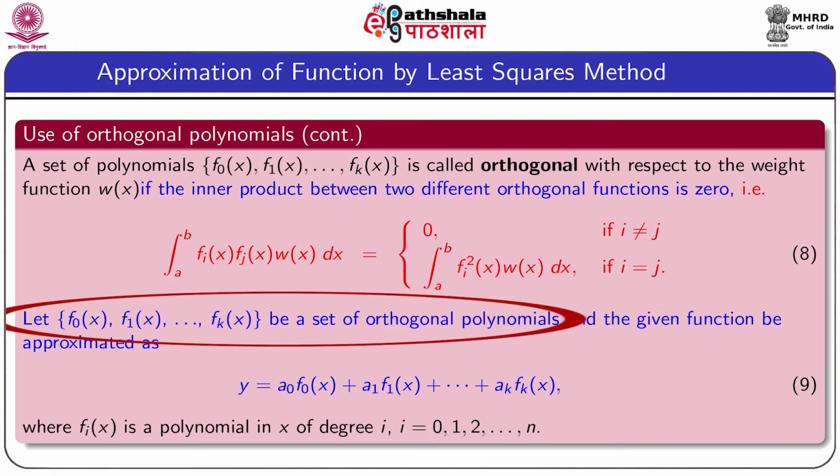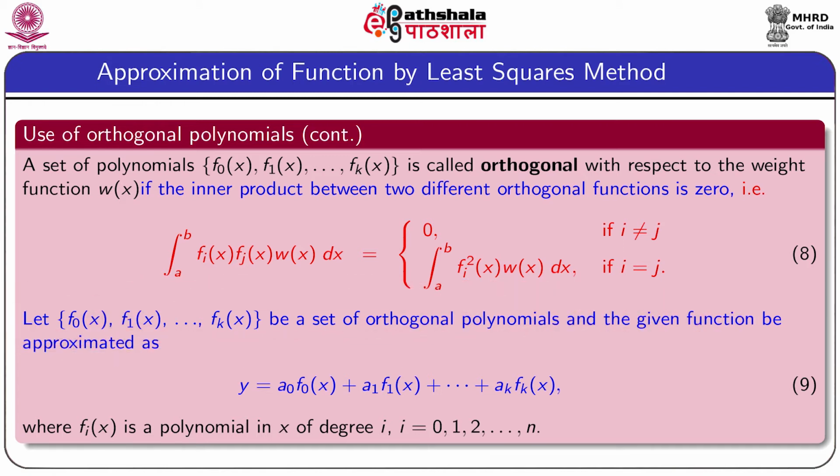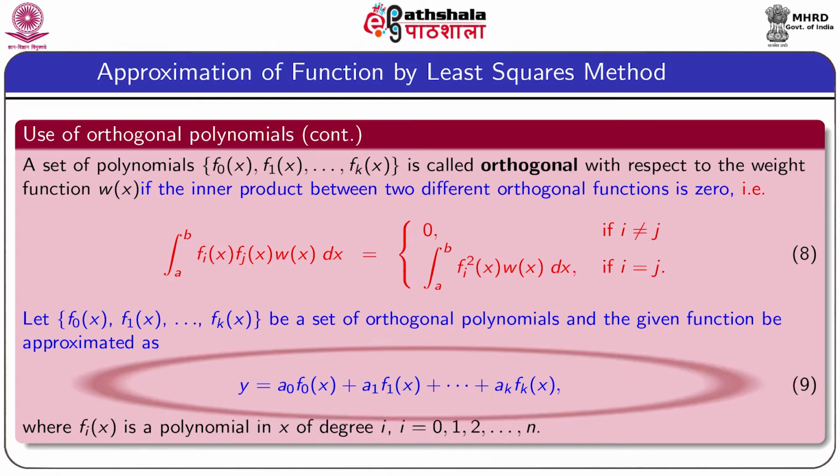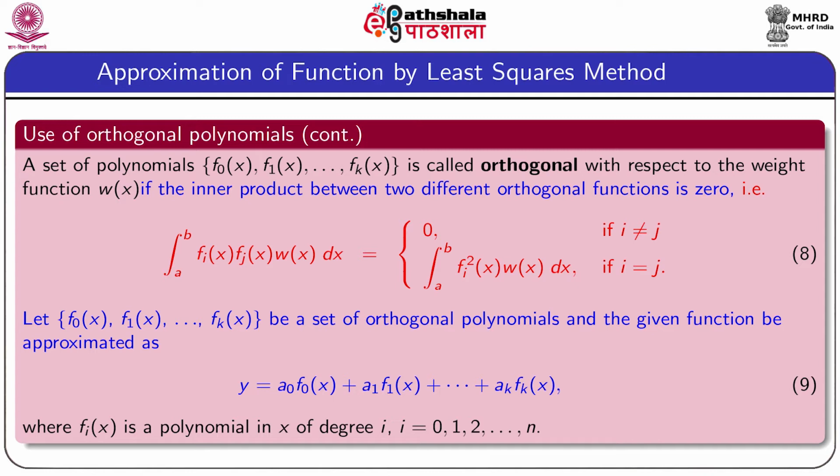Let f0(x), f1(x) up to fk(x) be a set of orthogonal polynomials and the given function be approximated as y equal to a0 into f0(x) plus a1 into f1(x) plus dot dot dot plus ak into fk(x), where f0(x), f1(x), f2(x) up to fk(x) are the orthogonal polynomials and fi(x) is a polynomial in x of degree i.